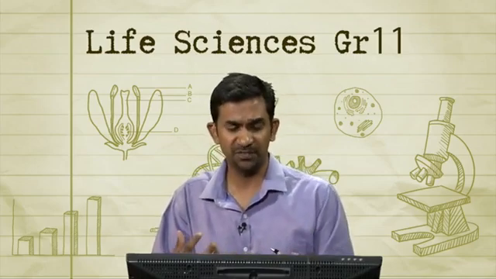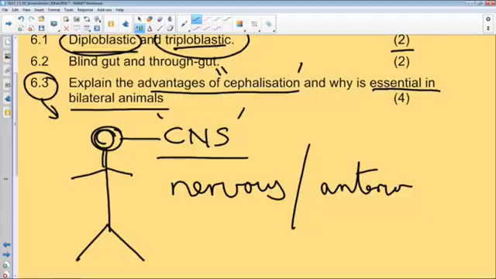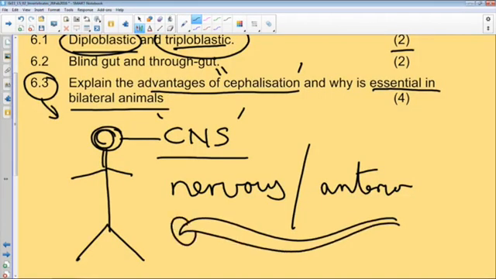But more than that, having it at the anterior end means that you're able to respond to situations, you're able to see. So if we isolate ourselves from the examples of vertebrates, and look at all the other invertebrates and how they have an anterior end which shows cephalization. So if we look at the earthworm, if we look at most of them, having an anterior end means that they're able to respond to changes in their environment.